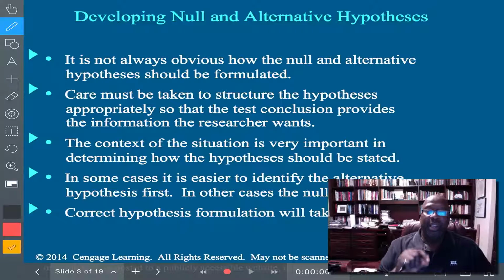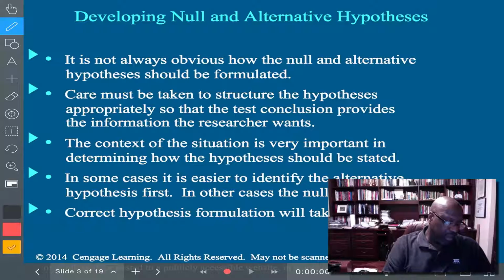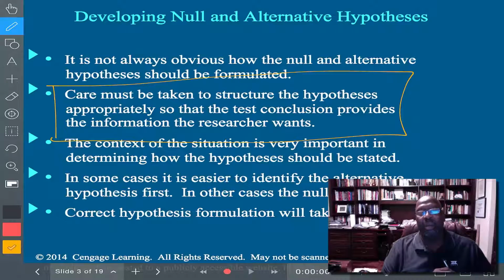Also, it says that care must be taken to structure the hypothesis appropriately so that the conclusion that we make is essentially the appropriate conclusion. In other words, the evidence that we have to test the hypothesis, we could actually use it to try to come to that conclusion that we want. All right.